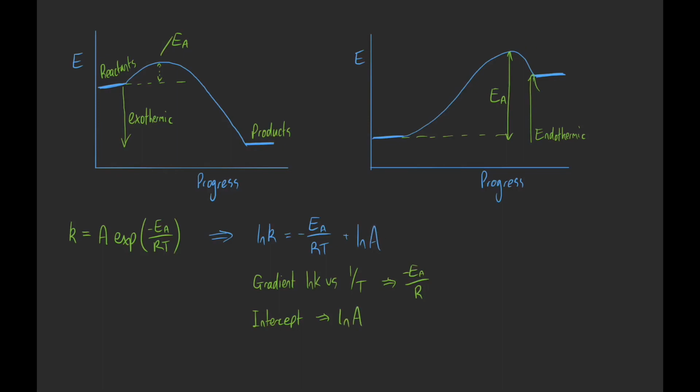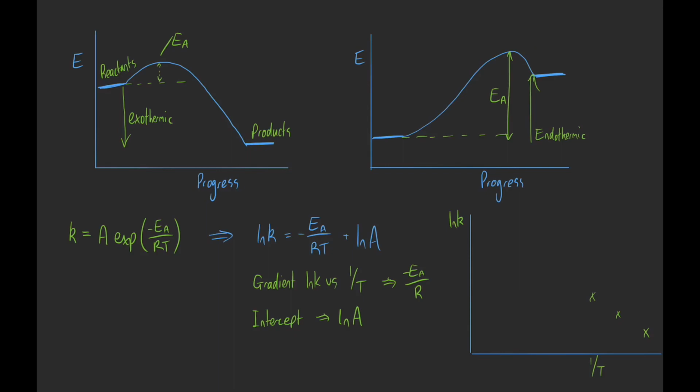So our experiment would then involve measuring the reaction rate at different temperatures and then plotting the natural logarithm of the rate constant from each of those temperatures as a function of 1 over temperature.